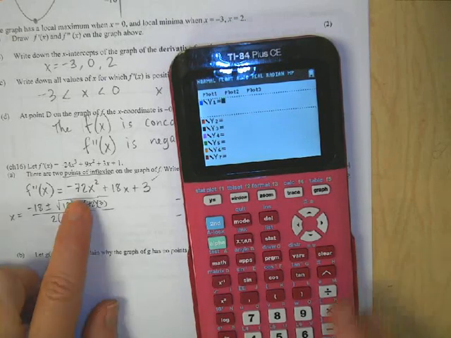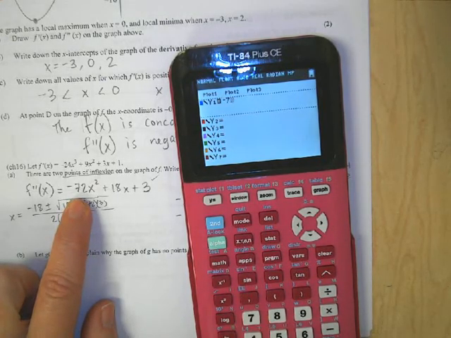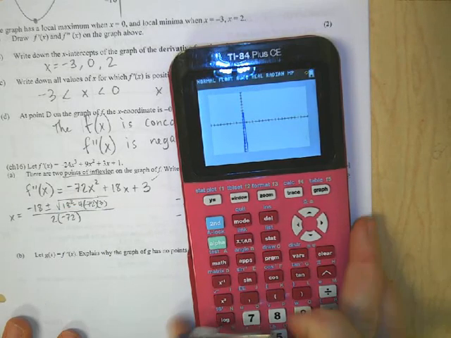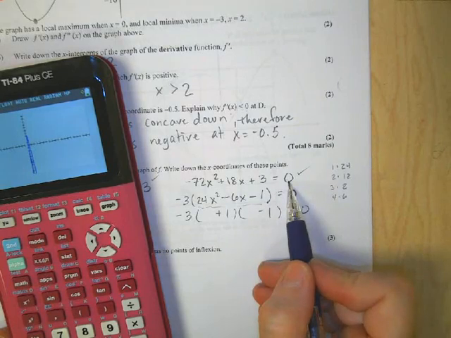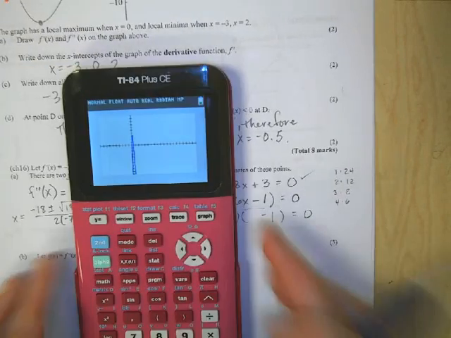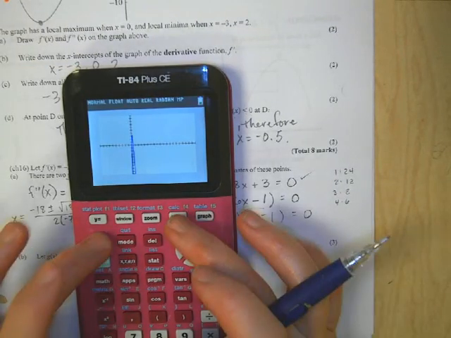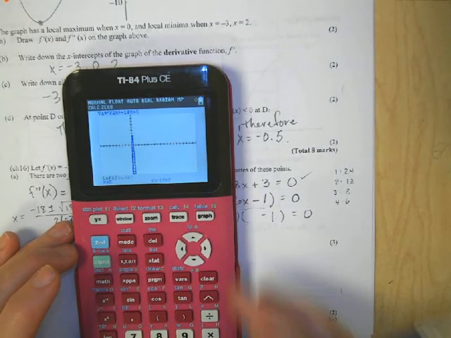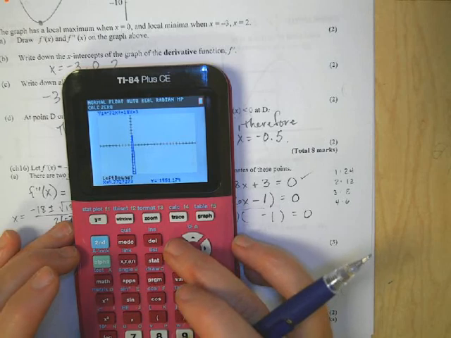I could put in negative 72x squared plus 18x plus 3, graph that, and I'm looking for the x-intercepts because I want to know when it equals 0. So I am going to do second calculate. I want my zeros, those are my x-intercepts. Left bound, I don't even know where my cursor is.